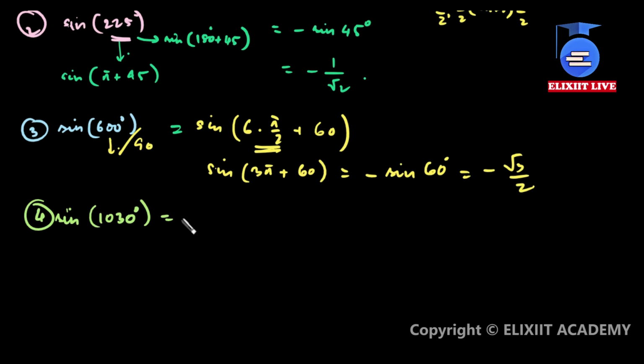Divide by 90, see how many 90 rotations it completely goes, and locate what theta is. The easiest way is this: how many 90 rotations it goes, and then locate theta. What is sine 1030 degree?